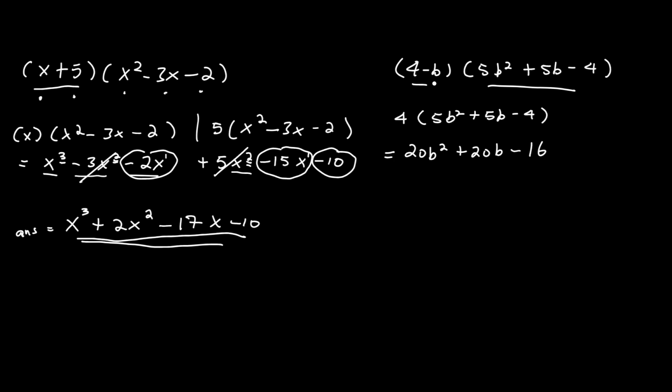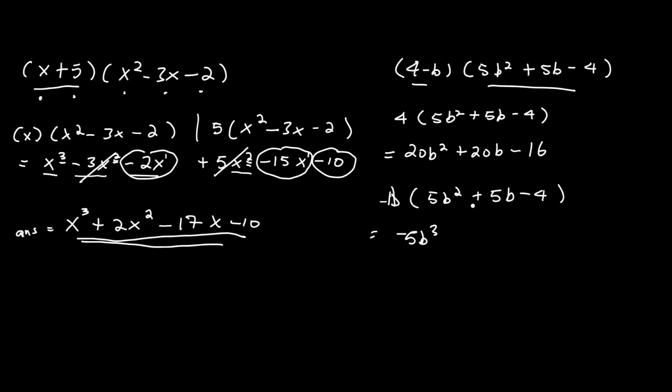Great. Now let's take negative b and let's multiply it to the trinomial. Always try to keep your working organized. Now negative b times b squared, simply it's like negative 1 times 1, so that will be negative b cubed, or to the third power.